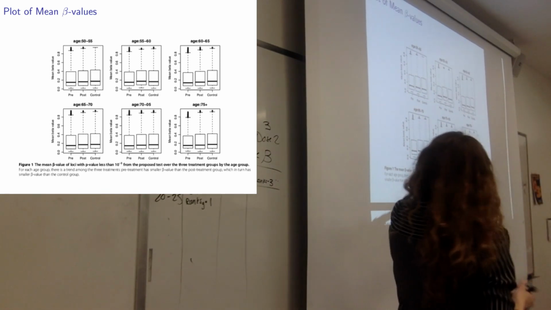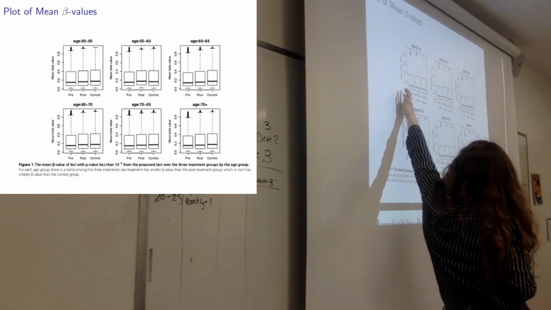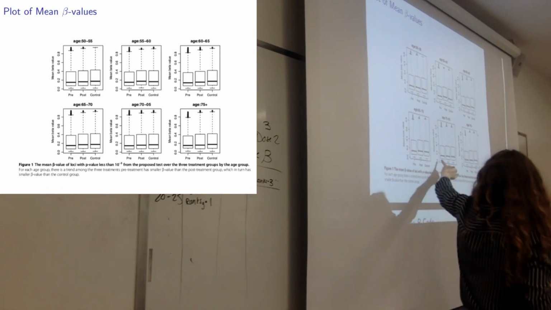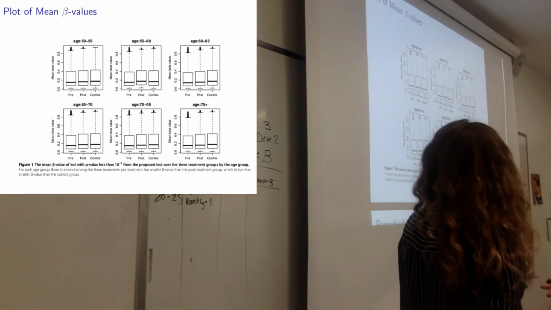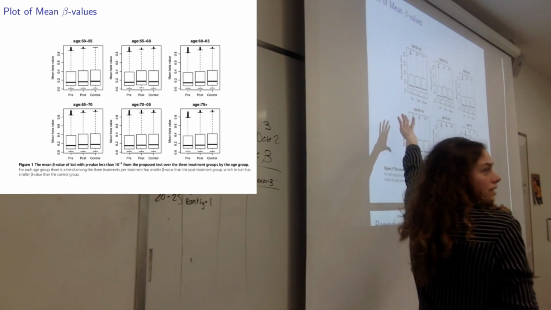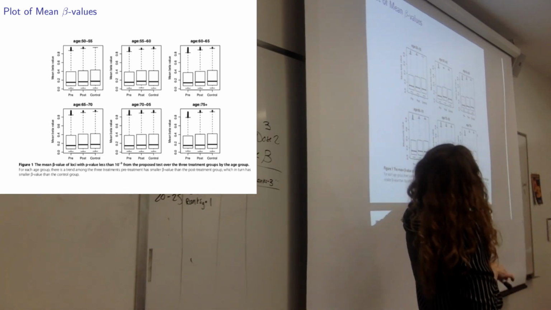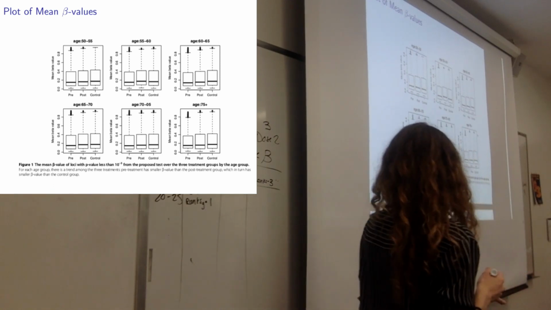So there's a trend in all of the age groups, but the value that it starts at is slightly different, which may be important for detecting the difference because you're not controlling for age in the other methods. So that's why they have them boxed out like this. Across the different age groups, you see the trend is consistent.